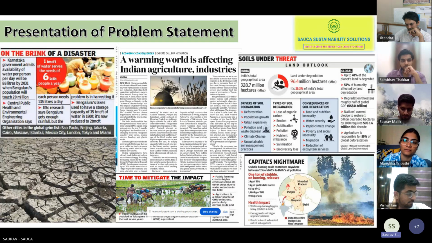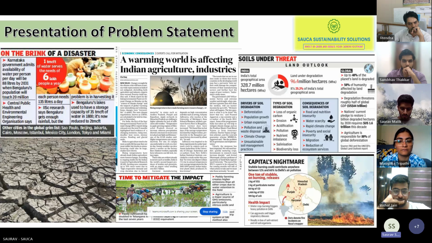So this is a small presentation of the problem statement in which we can see, starting from the top right corner, it depicts the water crisis happening in our country. Second is global warming. Third one is land degradation, how much land is degraded. And at the bottom right, you can see how our soil health has been affected very badly.